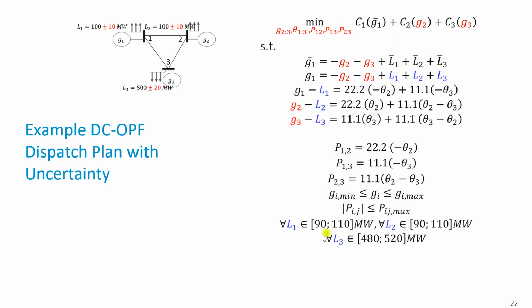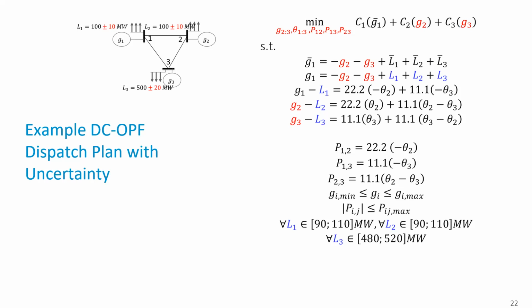For example, if I assume L1 is between 90 and 110, I could assume different things. I could say, for example, this is a uniform distribution, and the average is the middle, which is exactly 100, and 100 and 500. So L1 bar, L2 bar, L3 bar are given by 100, 100, and 500. So that gives me a cost function here, which I call C1 of G bar. And as you see, the cost function has only the control variables, which is the first part of stochastic optimization.